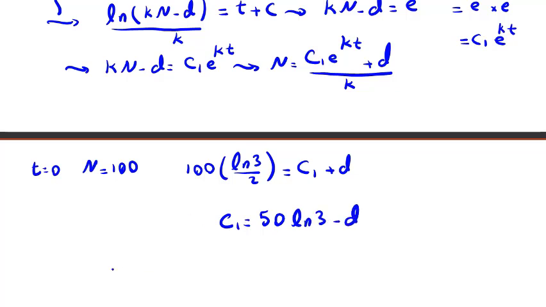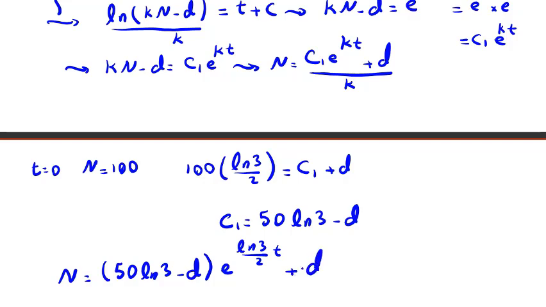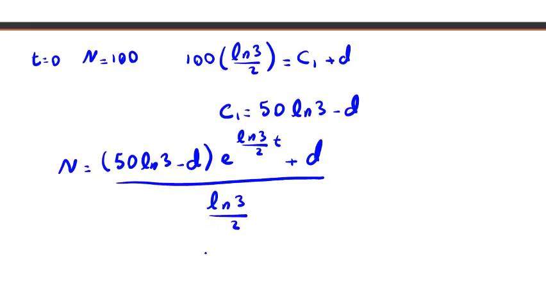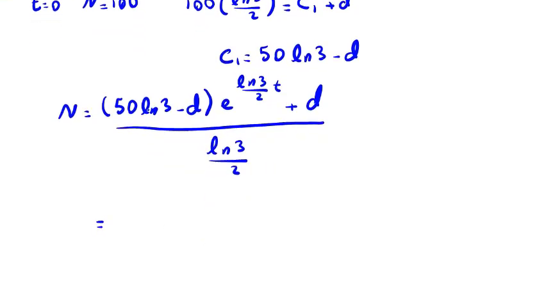So if we replace, n will be what? 50 ln3 minus d, e to the power of ln3 over 2 t, plus d, all over ln3 over 2. Now, if we simplify the first term, we can write e to the ln3 over 2 t, to the power of ln3 will be 3 to the power of t over 2.